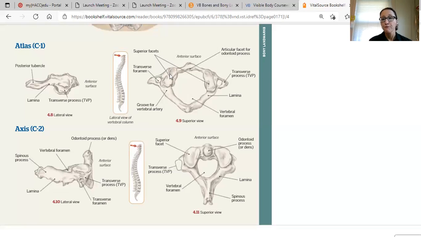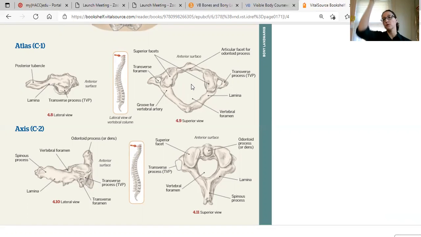So these facets are the superior facets. They're the superior articulation points. So the skull will sit directly on those right there. You notice there's a big hole in the middle? Of course there is. This is the vertebral foramen, and this is really for the spinal cord.